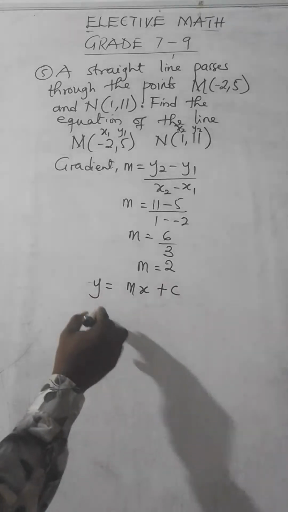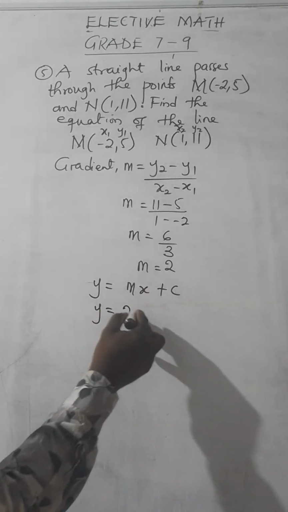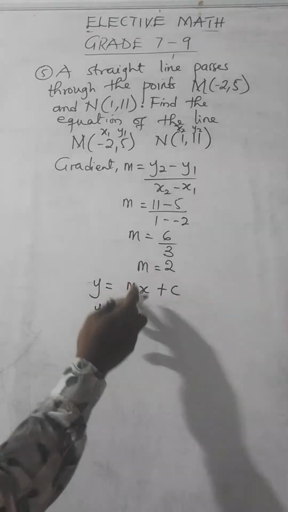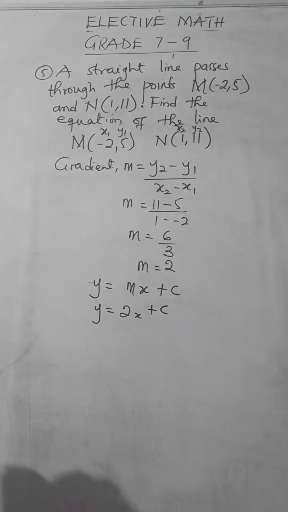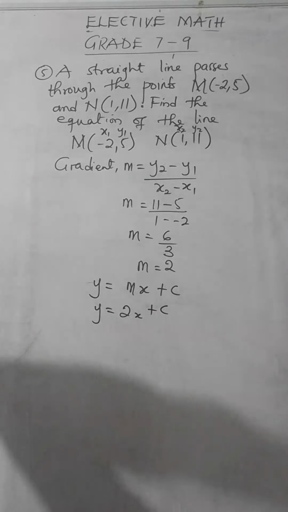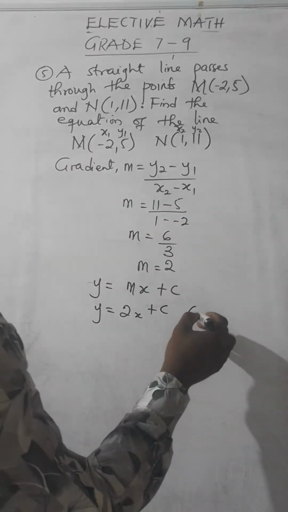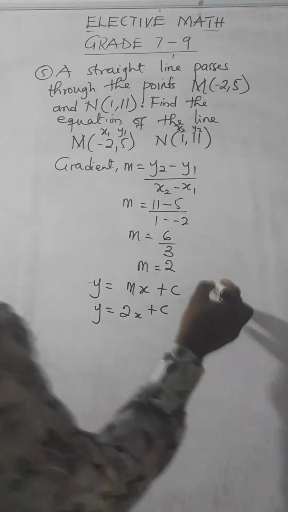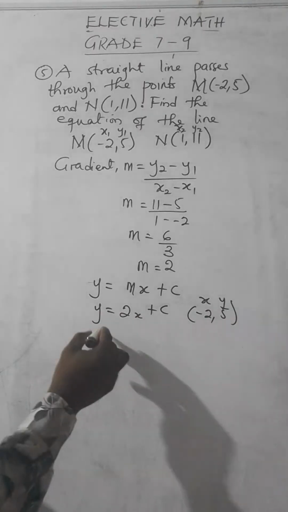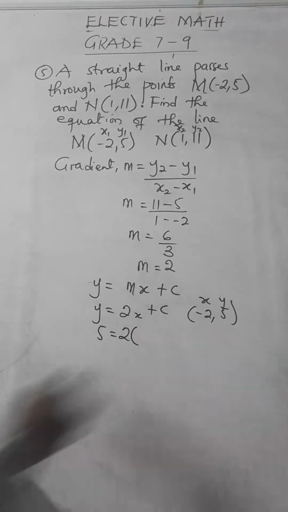So y is equal to, the gradient is 2, so you replace it, plus what? c. Then we can find the constant c by using the point M, which is -2 for your x, and y is 5.